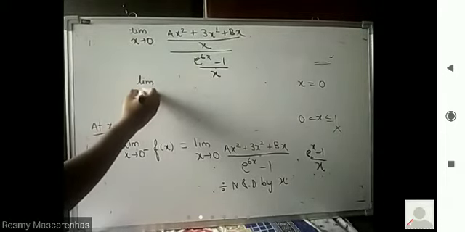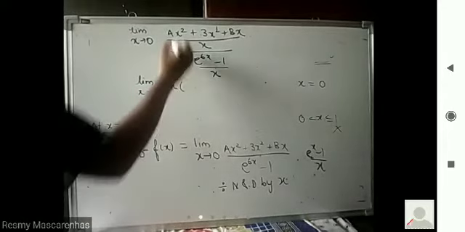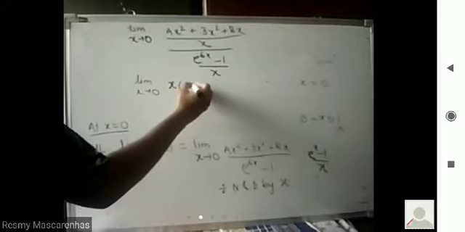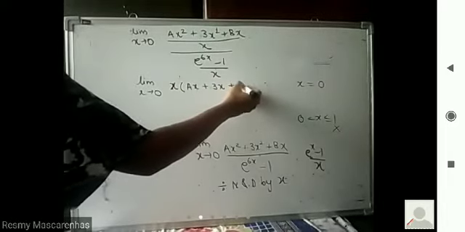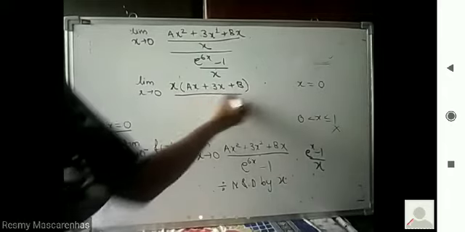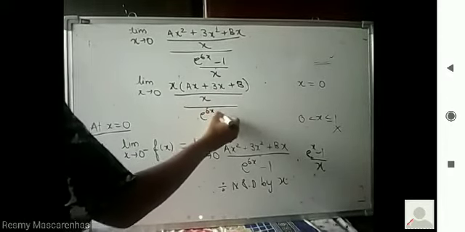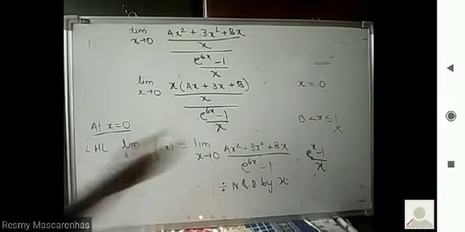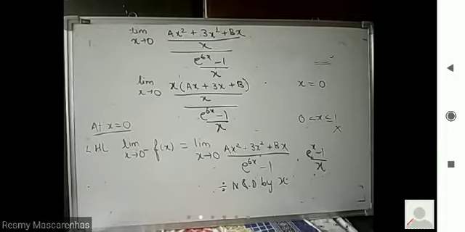So that will be x, and if I take out common, what is left inside is (ax plus 3x plus b) upon x, times (e raised to 6x minus 1) upon x. So I have taken out x common.